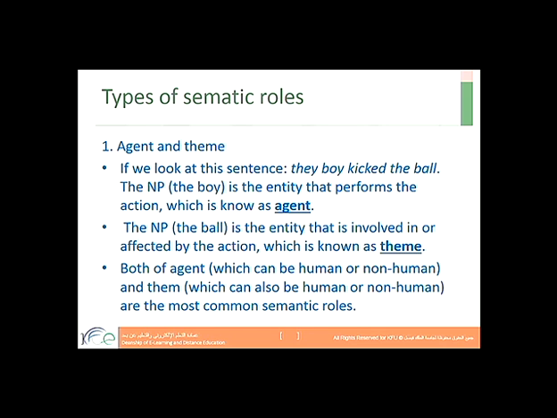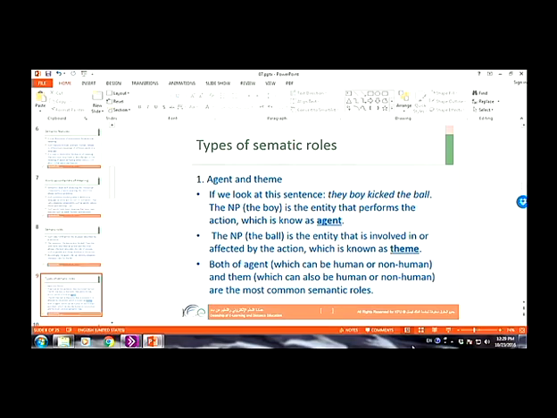One of these types, which is interesting, is agent and theme. So what is the difference between agent and theme? If we look at the same example just given in the previous slide, the boy kicked the ball. The noun phrase, the boy, is the entity that performs the action, which is known as the agent.